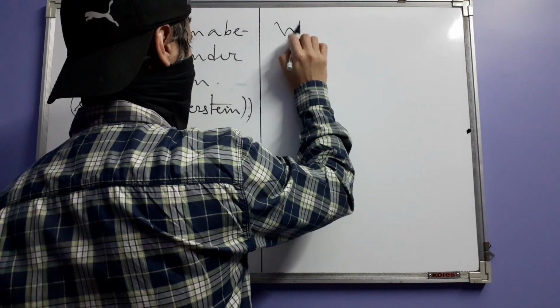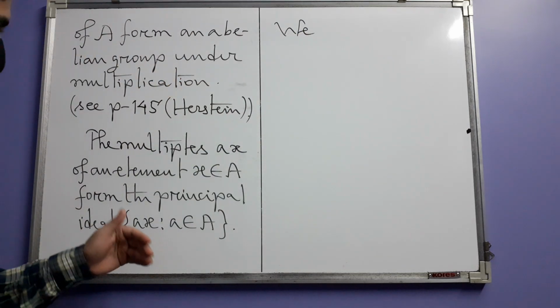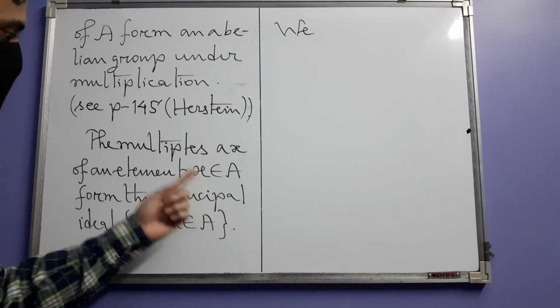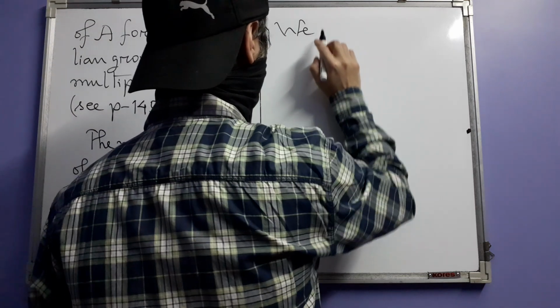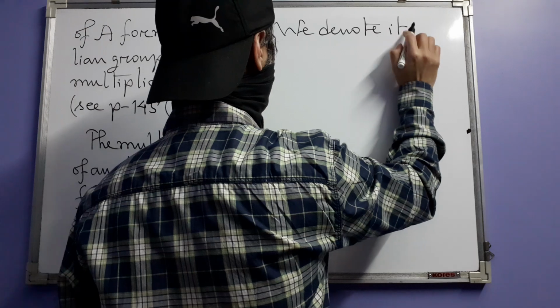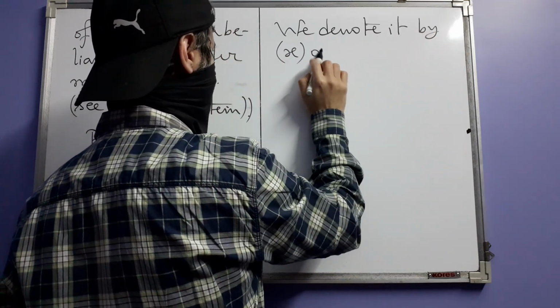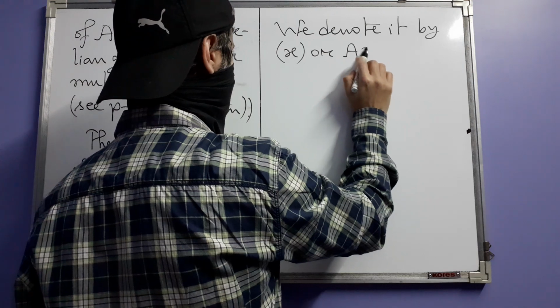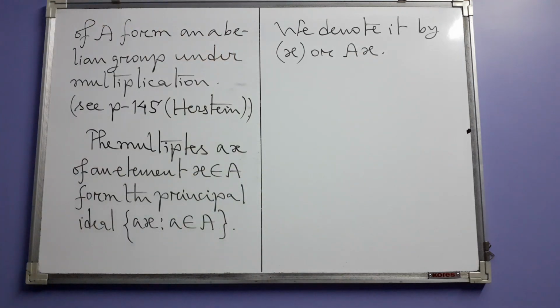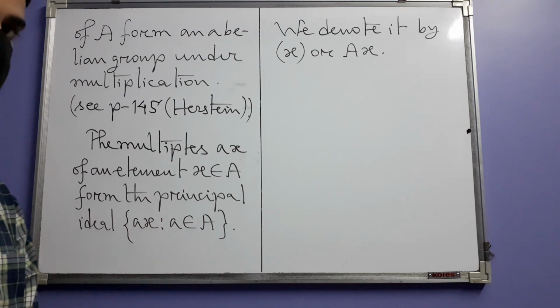Sometimes we call this ideal the ideal generated by x. We denote it by this symbol, or sometimes by Ax also. Okay, because that's how the elements look in this set.